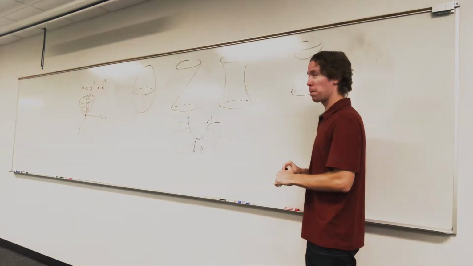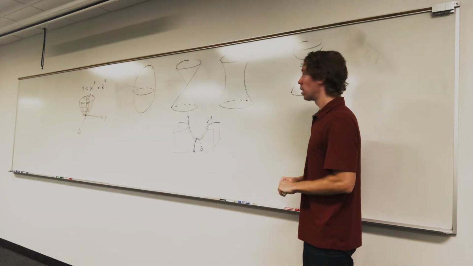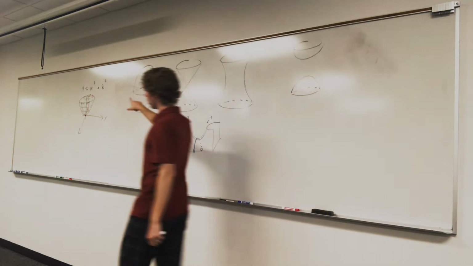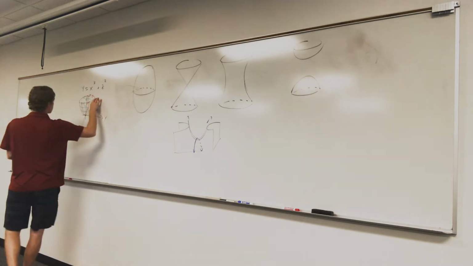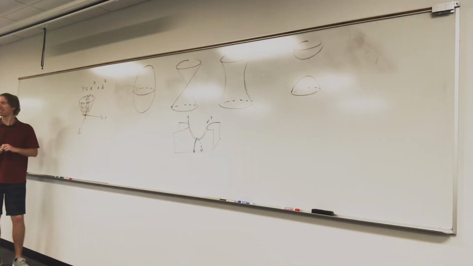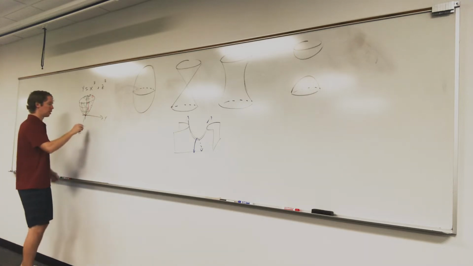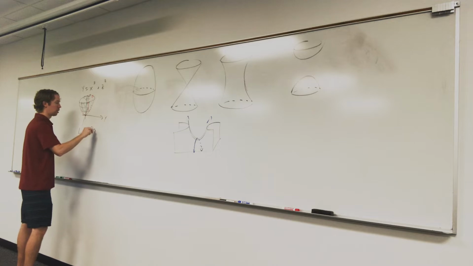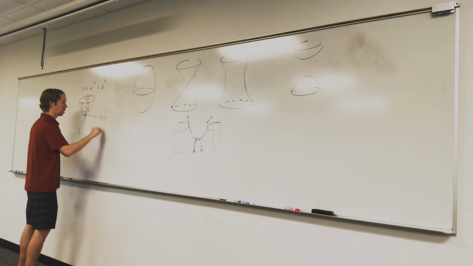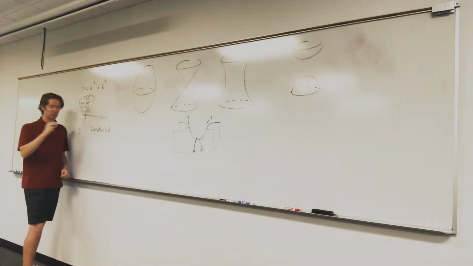So those are the 5 shapes we should study. These are the other 5 besides this one. So we already said this one was, what was the name for this? Paraboloid. It's a paraboloid, and specifically what kind of paraboloid is it? Elliptic.